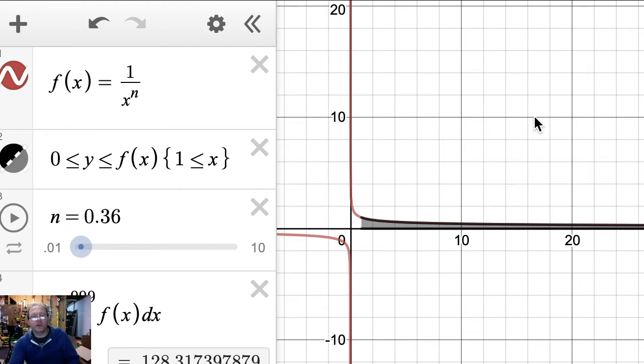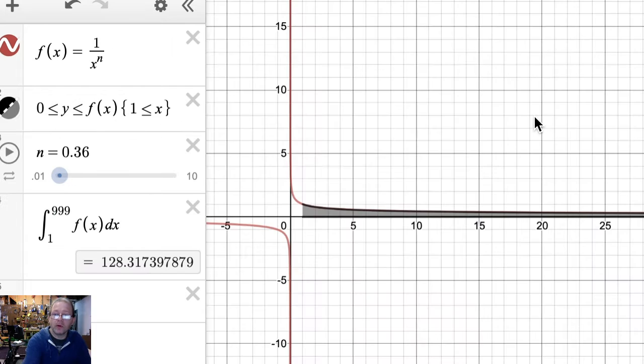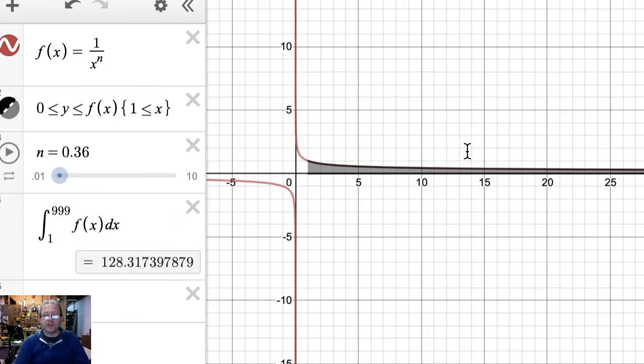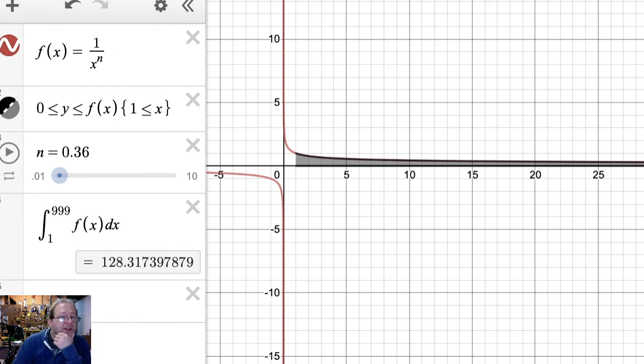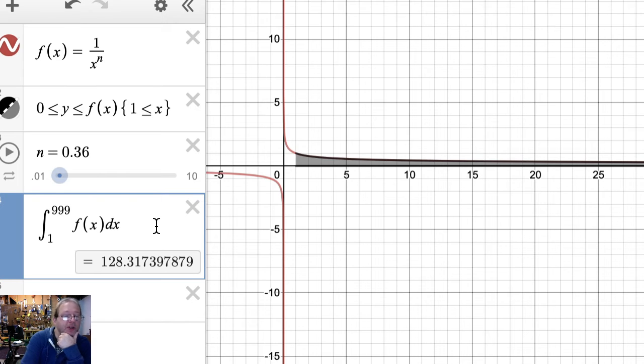So here we've got f of x, which is 1 over x to the n, and I'm shading in the area of this integral from 1 to, really it should be infinity, but instead of putting in infinity, I'm just putting in a large number, 999. We're going to integrate from 1 to that big number and see what happens.